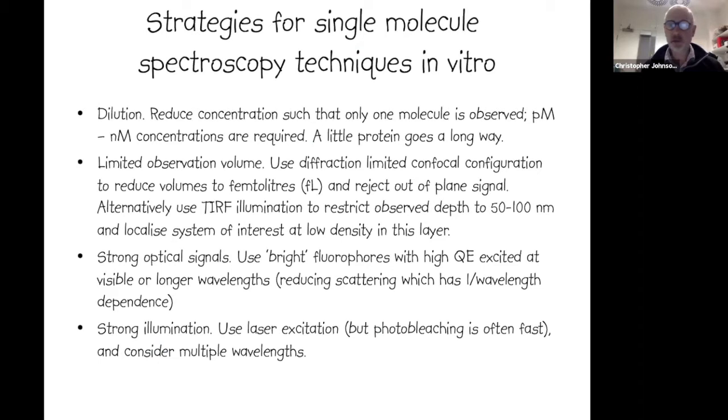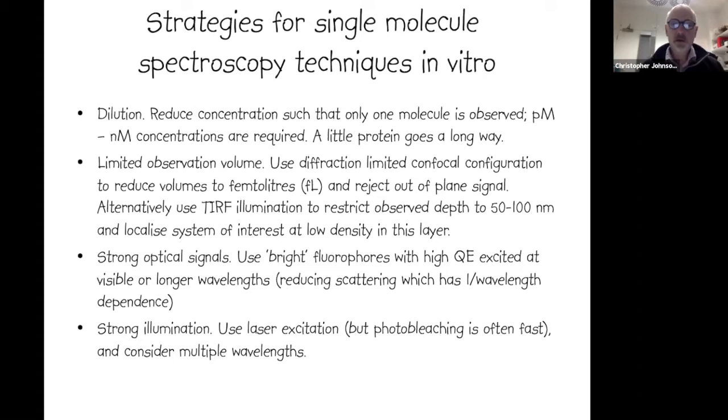So we want to reduce the concentration such that statistically we're only observing one molecule at a time. So typically we're going to be working in picomolar to nanomolar concentrations. And this has some advantage in that a very small amount of protein can go a long, long way in terms of a single molecule based project.